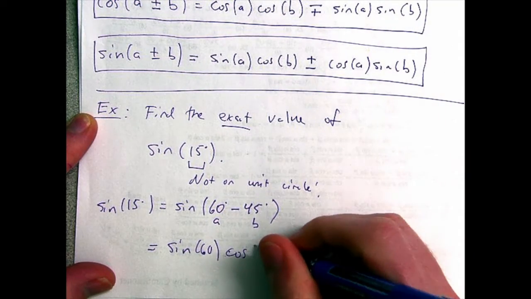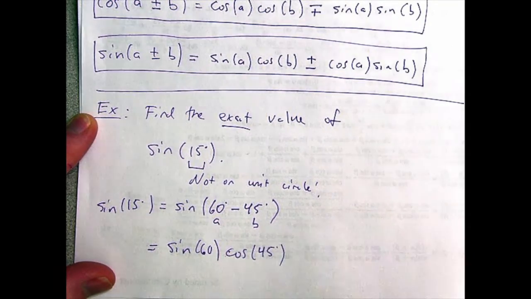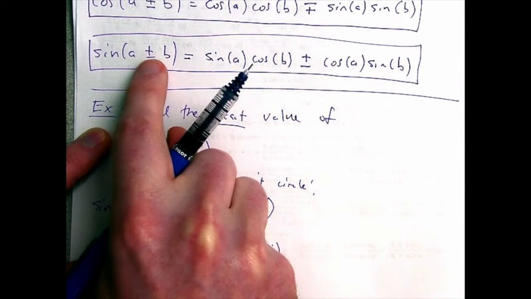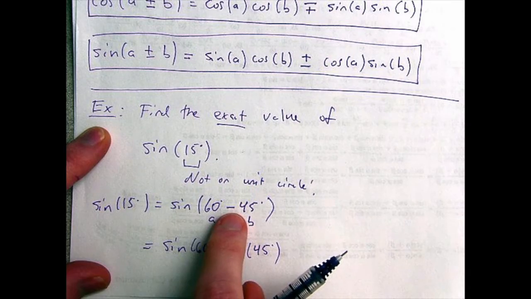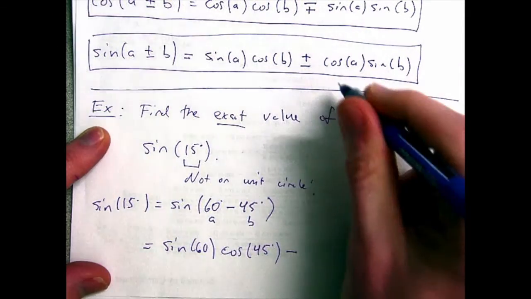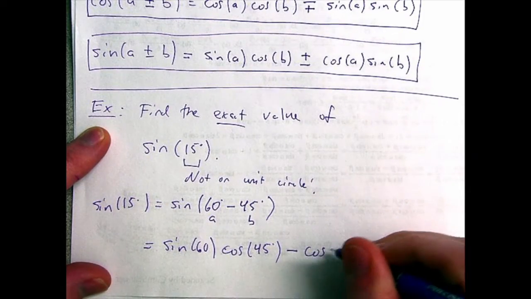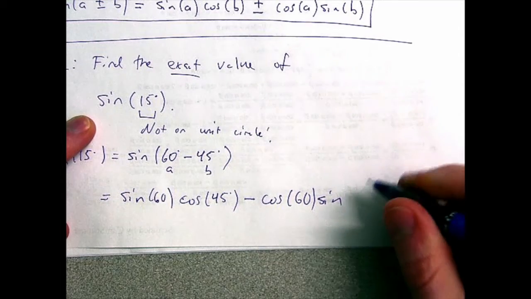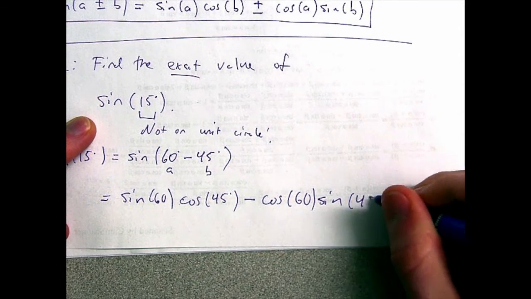It's 45. It's not negative 45, it's just 45. And then, as I said, since we have a minus in between our two angles, we're going to have a minus in between the two terms, so a minus there. And then it's cosine of A, so that's cosine of 60 times sine of B, that's 45.